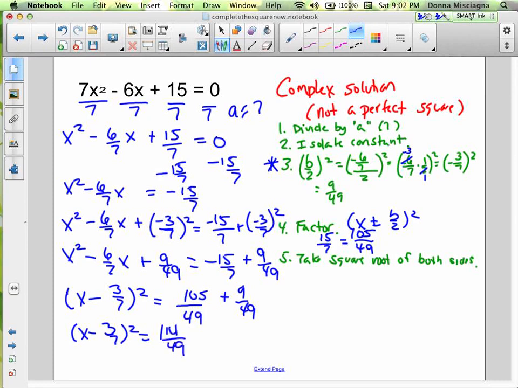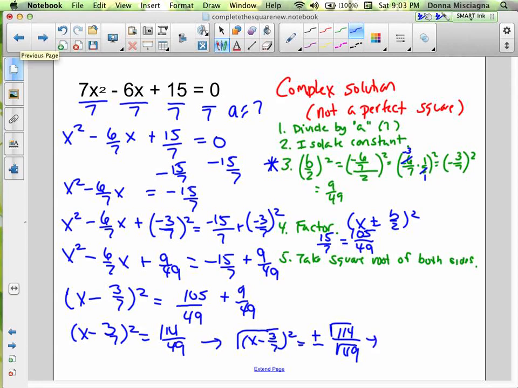I'm going to just kind of move over this way. All right, so we're going to take the square root of both sides. I really should have just written smaller and I'd be fine. X minus 3/7 equals plus or minus the square root of 114 divided by the square root of 49, and moving right along.